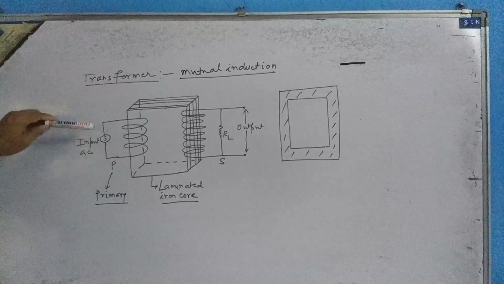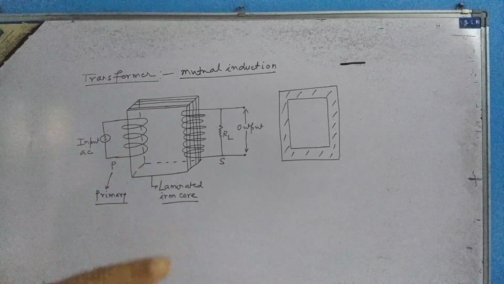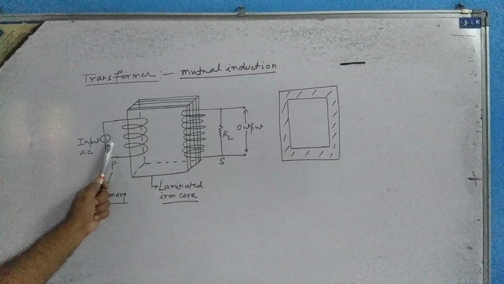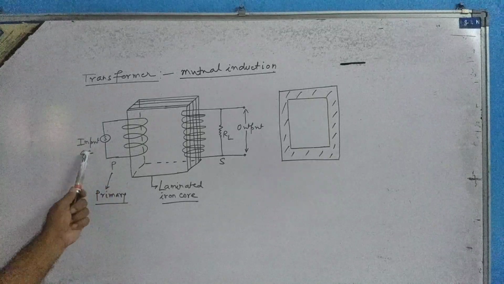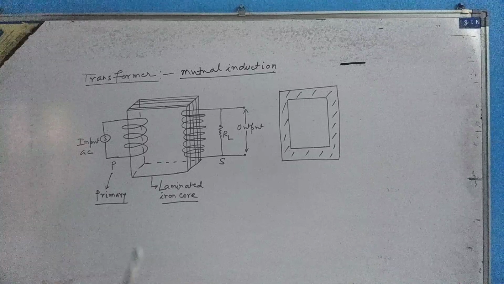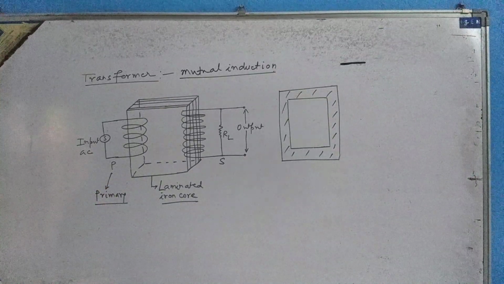This is the symbol for the AC source. You know, a circle, and within this alphabet S is written. That is input. It is the AC source. So we have kept an input AC source inside, like this. This is an input AC source.